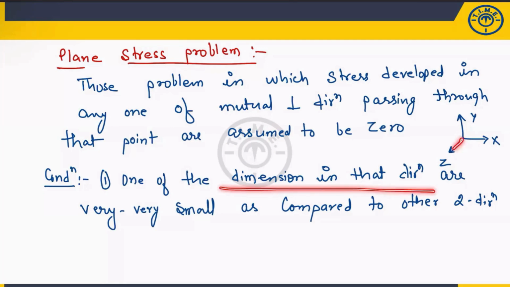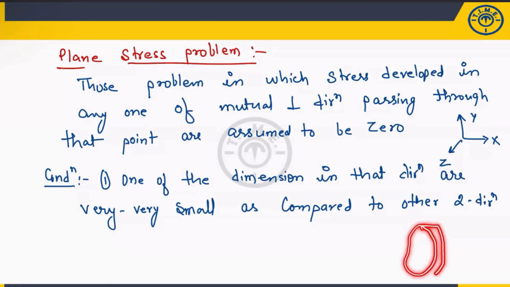When one of the dimensions, the z direction, is almost very, very small, the z direction stress value will be very small, so you can consider a thin plate. This is the dimension in y direction, this is the x direction, but the thickness value is very small. That's why the thin sheet is considered as a plane stress problem, because one of the dimensions is very small.